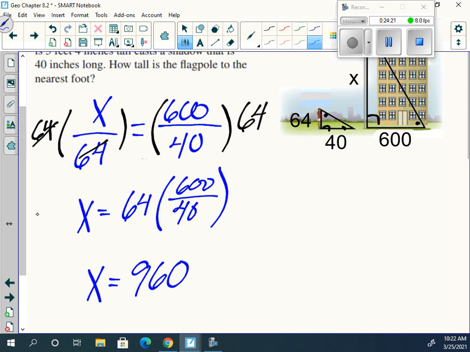And again, it was asking how tall the flagpole is to the nearest foot. Okay.